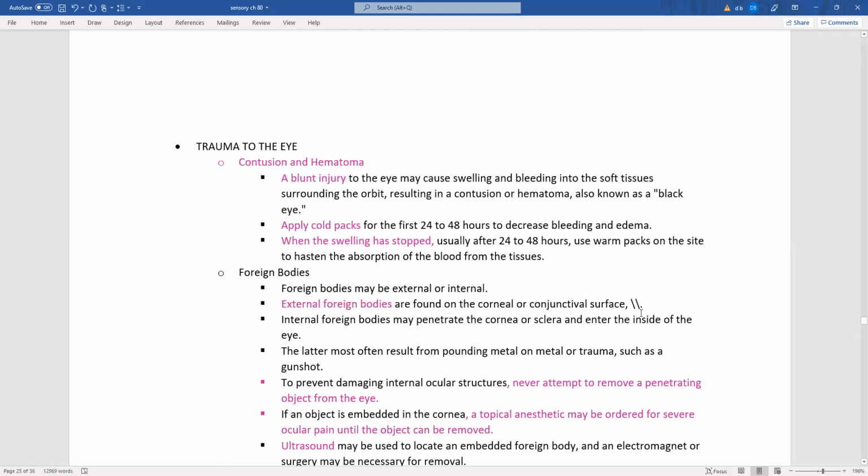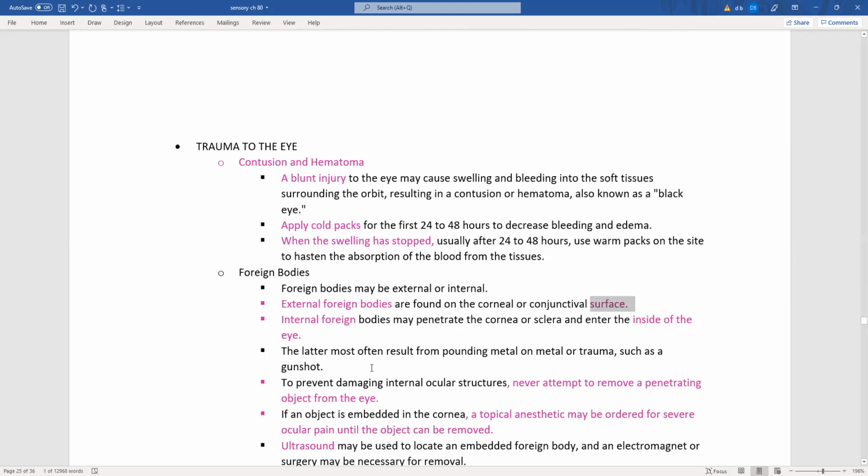They're found on the surface. Internal foreign bodies sound like they're going to be on the inside, so they may penetrate the cornea or sclera and enter the inside of the eye. External, they're on the surface, on the outside.